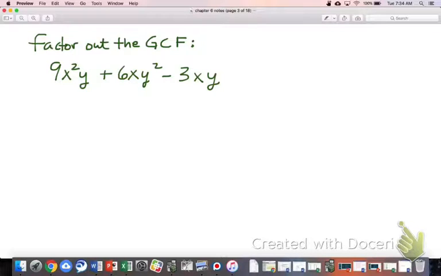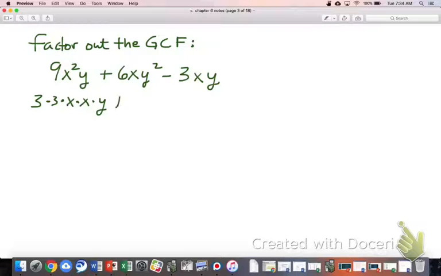For example, the 9 right here, the prime factors of 9 are 3 times 3. So I'm going to write that out as 3 times 3, and the prime factors of x squared would just be x times x, and then y is prime. There's only one of them. And then I'll proceed to do that same type of work with the other terms.